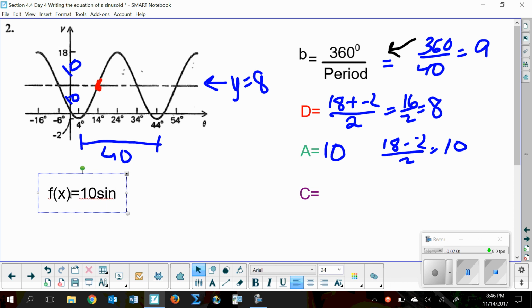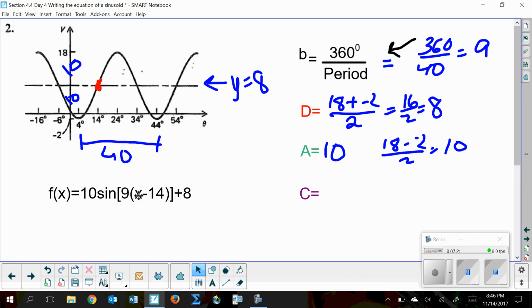It's a sine function. Our b value is 9. Then it's x, shifted to the right 14, so that's x minus 14, close brackets, and then the midline is 8. So that is one function that we could have.